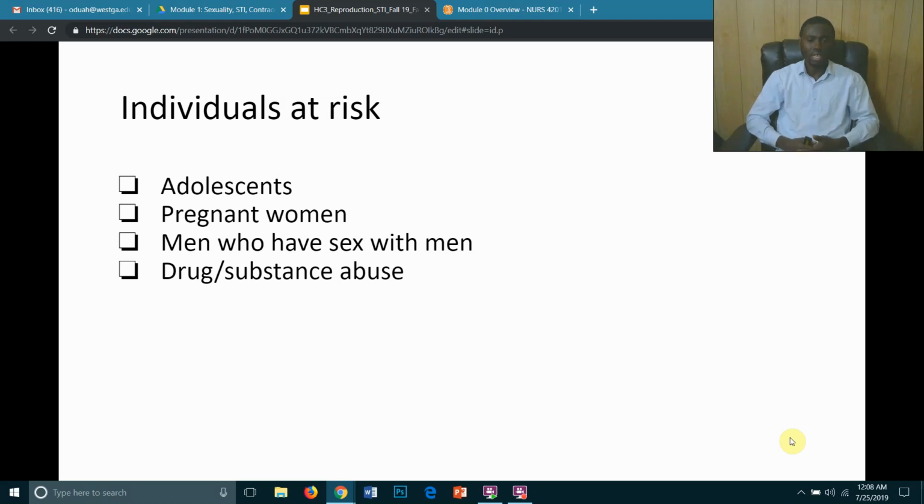Women are more easily infected with sexually transmitted infections and are at a greater risk for sexually transmitted disease-related health problems than men because of the very vascular and large surface area of the mucous membrane that covers the vagina.